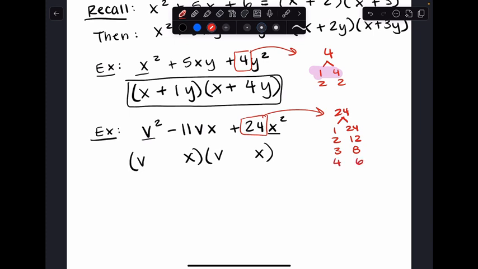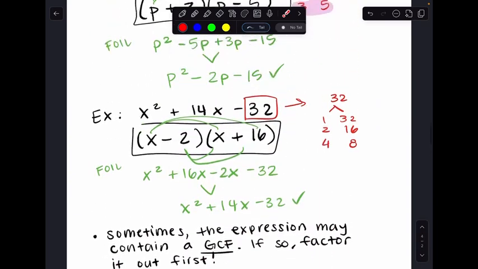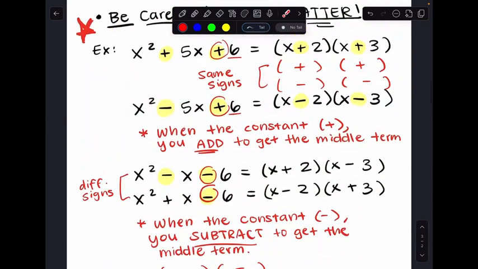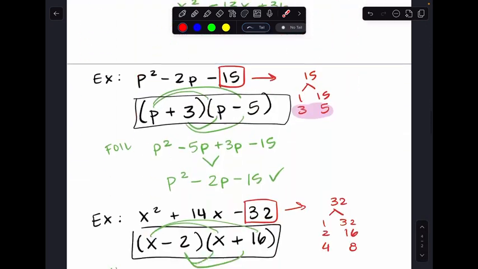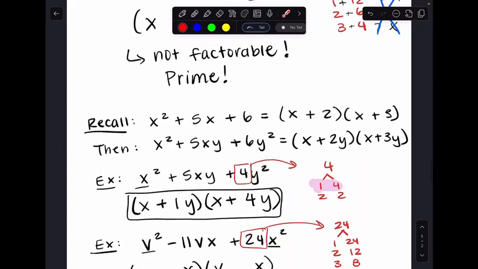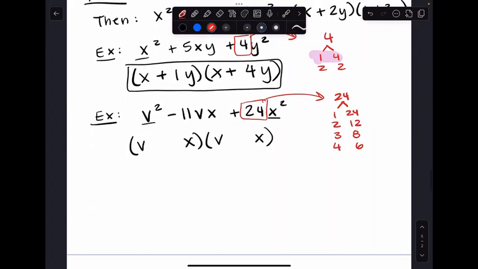I think that's all of them. Since we are adding these, because of that plus, we have to add these numbers together. But because we have a minus in the front, again, going back to that cheat sheet real quick, you have a plus here and a minus, which means you're going to have minus and minus. So that is already going to determine my signs for this last one. So we're going to have a minus and minus.